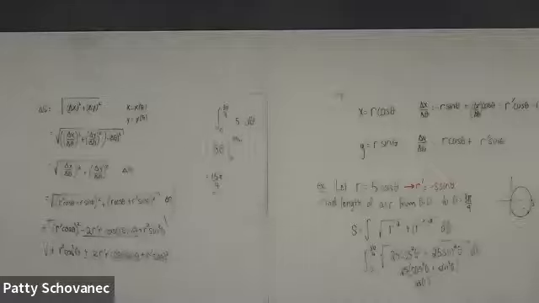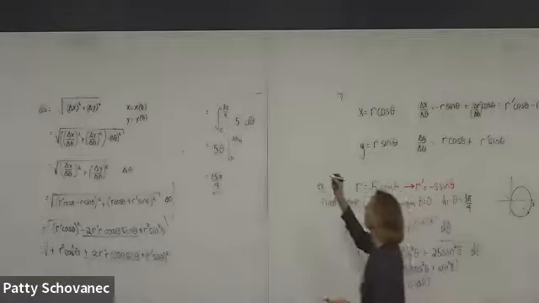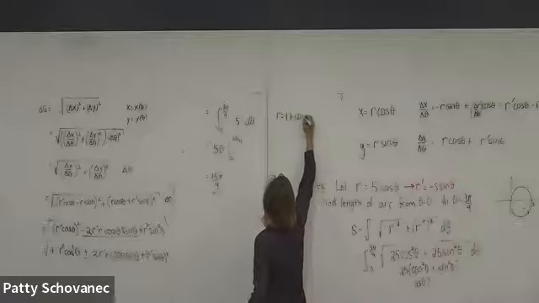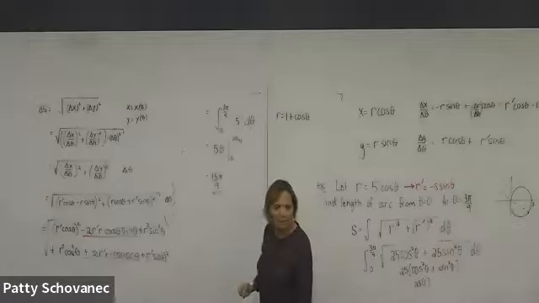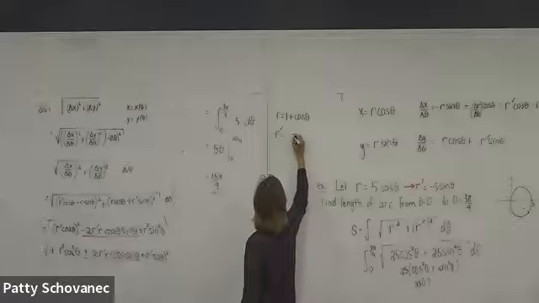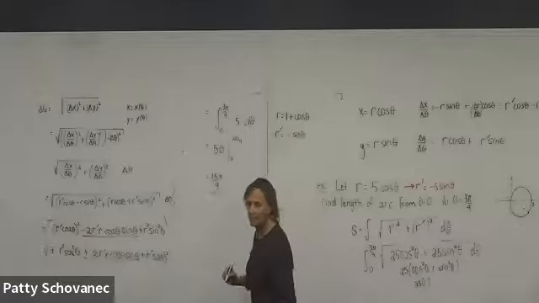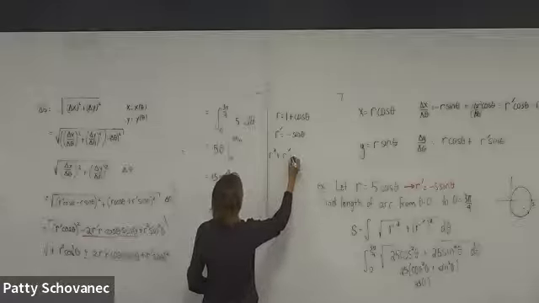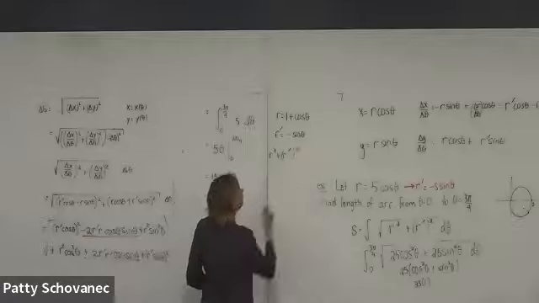If you took our cardioids, we wouldn't be able to put that into our formula, right? Here's a cardioid. R is equal to 1 plus the cosine of theta. Its derivative gets you minus sine of theta. But now look at what happens when you have r squared plus r prime squared.